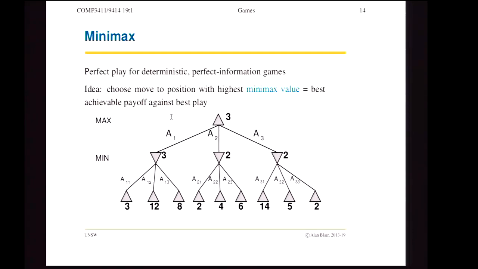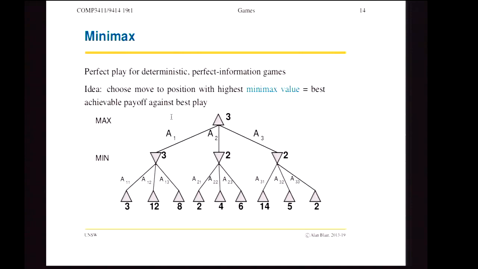So you're going to choose first, and you have a choice between A1, A2, and A3. And then afterwards, I'm going to choose. And at the end, theoretically, I'm going to have to give you the number of dollars that's shown in the bottom row.